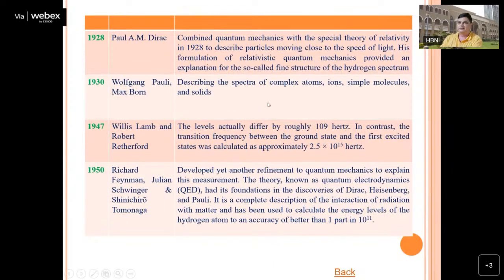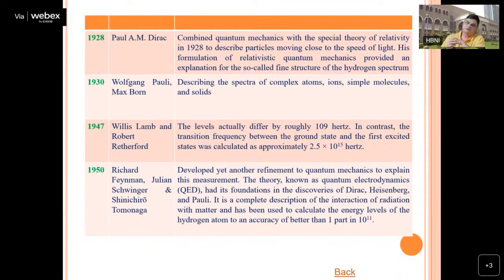Then came Richard Feynman and his colleagues. They developed the theory known as quantum electrodynamics, which had its foundation in the discoveries of Dirac, Heisenberg and Pauli. It is a complete description of the interactions of radiation with matter and has been used to calculate the energy levels of the hydrogen atom, with an accuracy better than one part in 10 to the power 11.